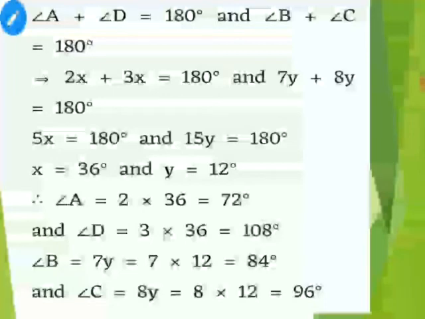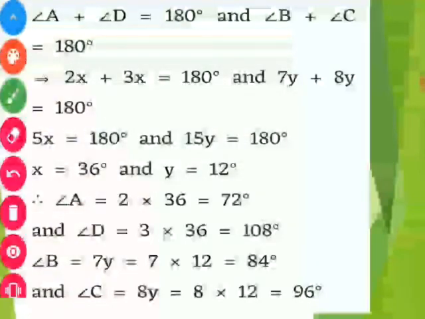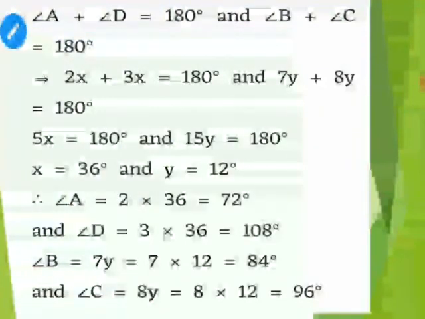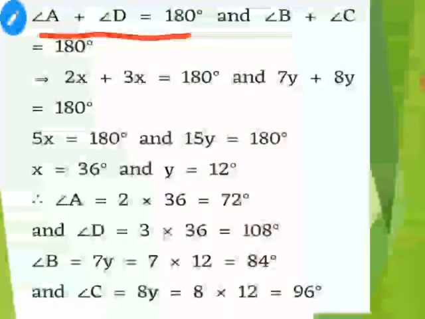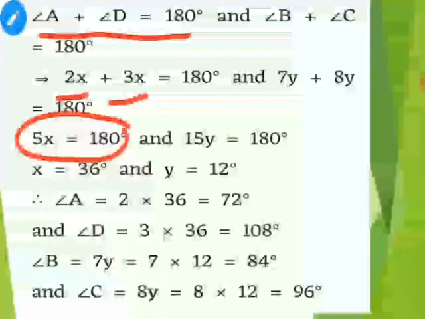As we have studied, we will use that. So angle A plus angle D is equal to 180 degrees. Angle A is 2x and angle D is 3x. So the sum of 2x plus 3x will be 5x. 5x is equal to 180 degrees, and for calculation of x we will divide 180 by 5, so we will get 36 here.